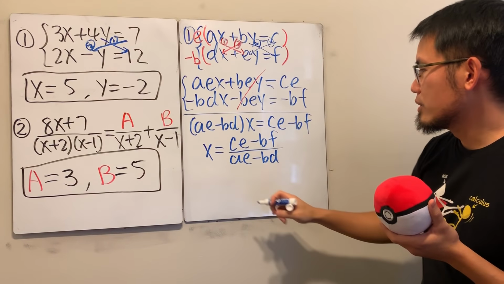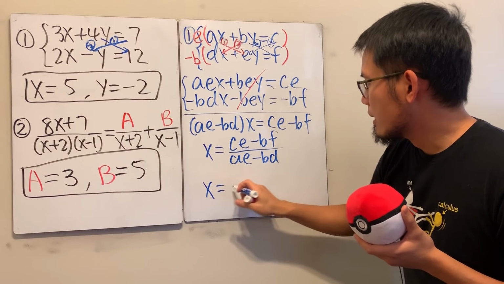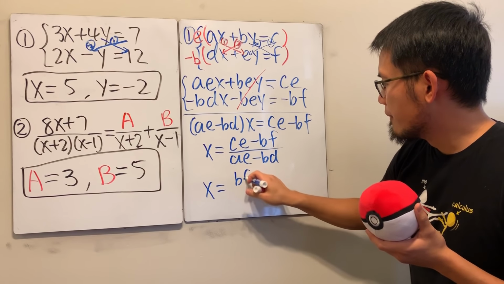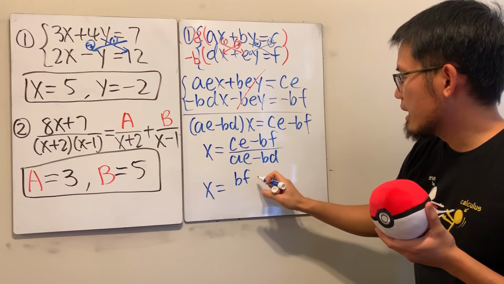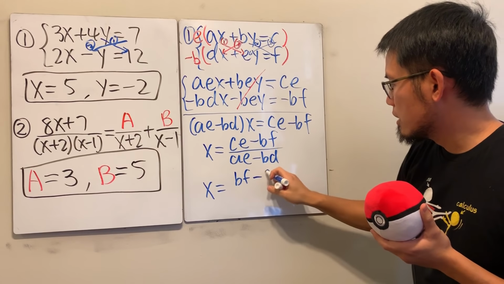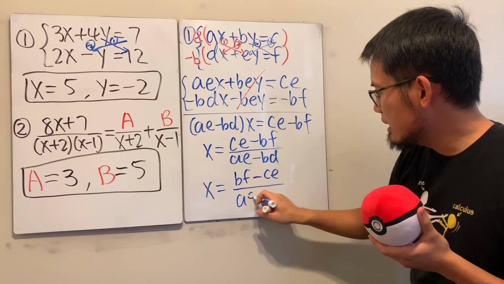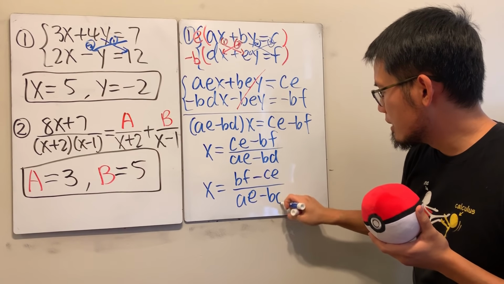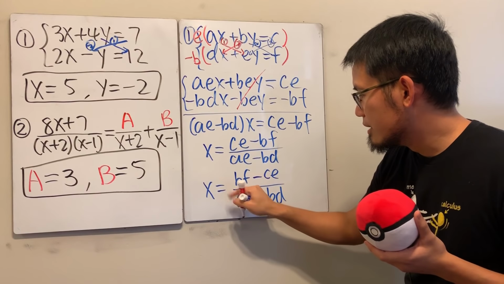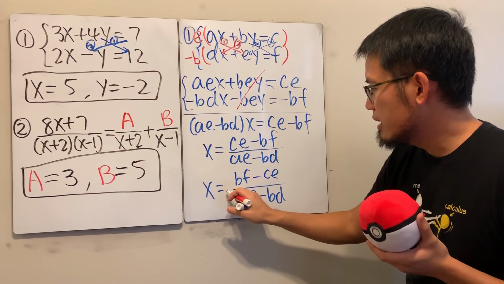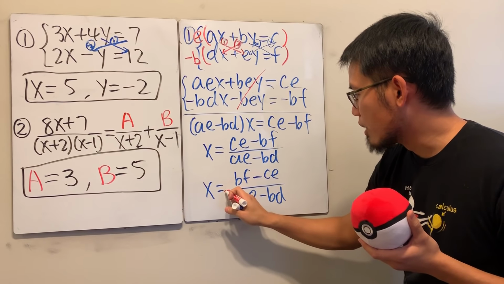I didn't like that too much, so I like to do it as BF, right? BF and then minus CE, and then divided by AE minus BD. But again, just like what I mentioned earlier, in the end, we have to negate the result.